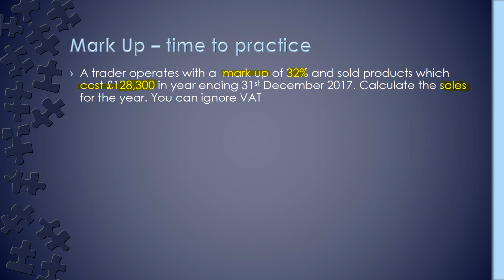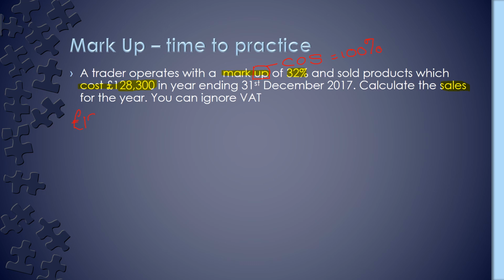So again, as I always suggest with questions, go back to the beginning and have a look at what you're given. So here's our markup, which means we're basing everything on cost of sales. So if everything's being based on cost of sales, we know that the cost of sales must equal 100%.